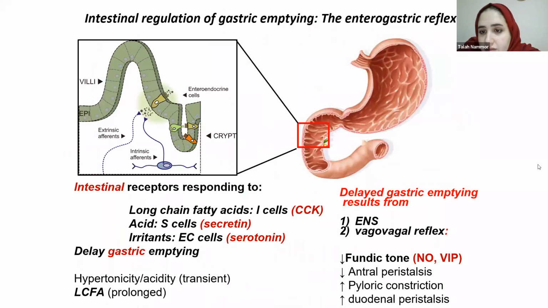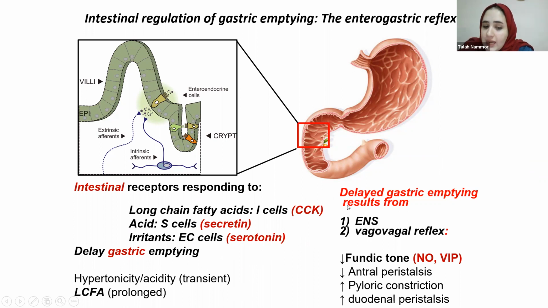Someone said increase of fundic tone, meaning increased contraction, stimulates gastric emptying and relaxation inhibits. Exactly. Literally, this is a summary of fundic tone and relaxation and contraction. What I was saying is that the main thing that causes the release of nitric oxide and VIP is the CCK.